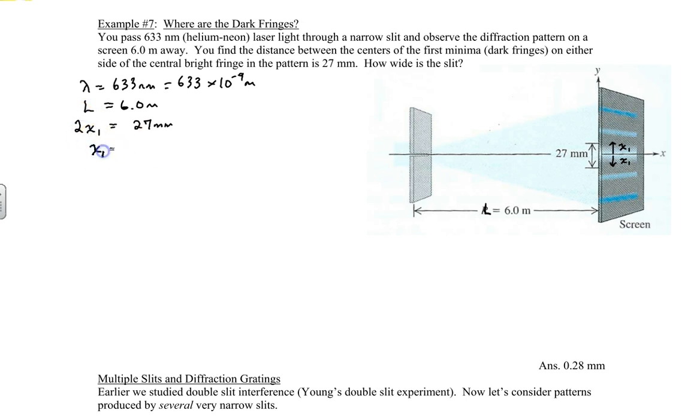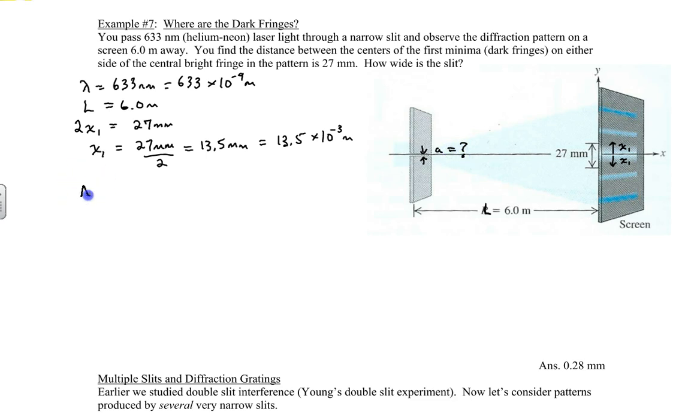So x sub 1 would be 27 millimeters divided by 2. So that's 13.5 millimeters, or 13.5 times 10 to the power negative 3 meters. And we're asked to figure out what is the width of this slit, a. So what does a equal?